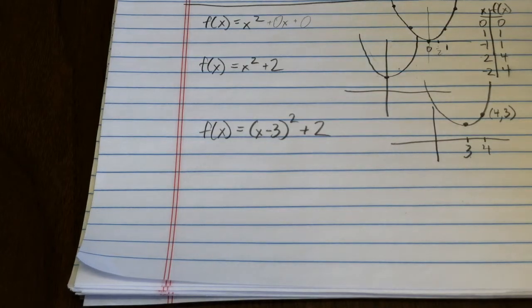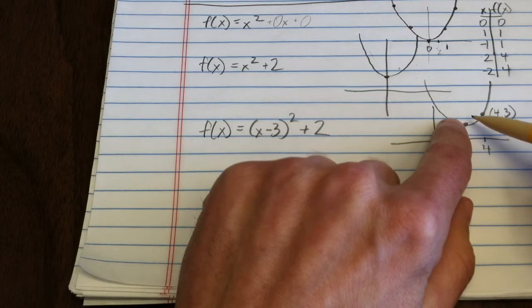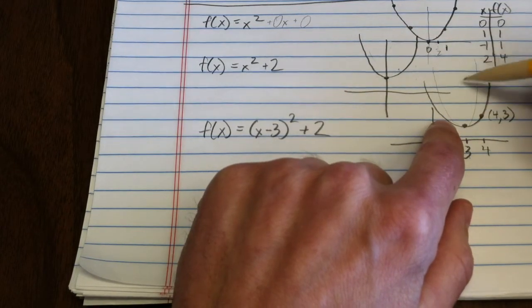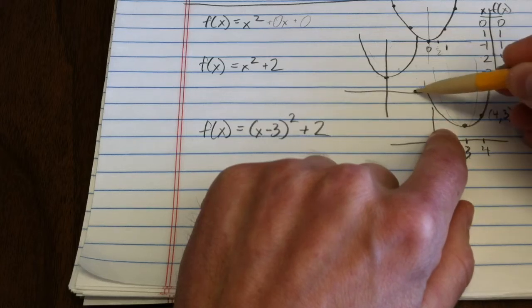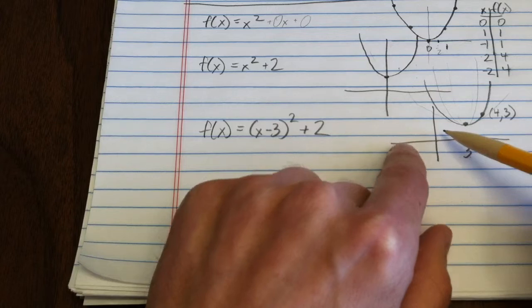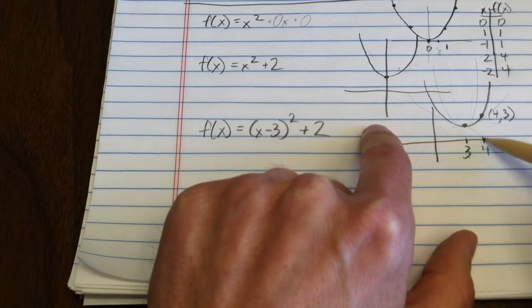And really, there's only one thing left that you could think of doing with a quadratic function, and that's what if you wanted to make this parabola narrower or flatter, or maybe you wanted to make it actually go down instead of up.